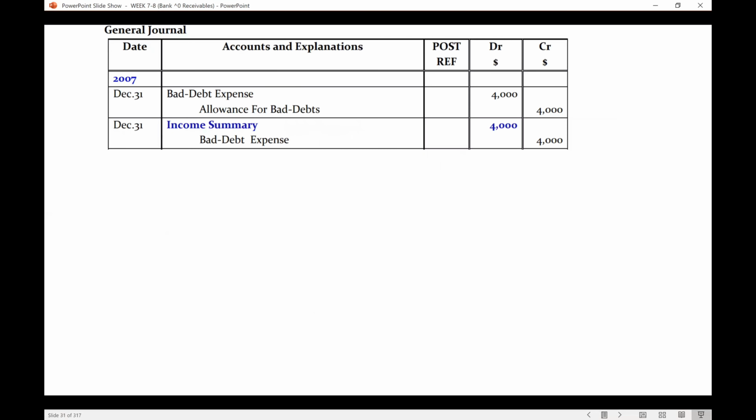To close it to the income summary, remember our bad debt expense was previously debited. So to close it out, what side would we now have the lesser amount? We would have the lesser amount on the credit side. So we now know we need to credit it. Again, I implore you, go back to our suspense video and see the steps.